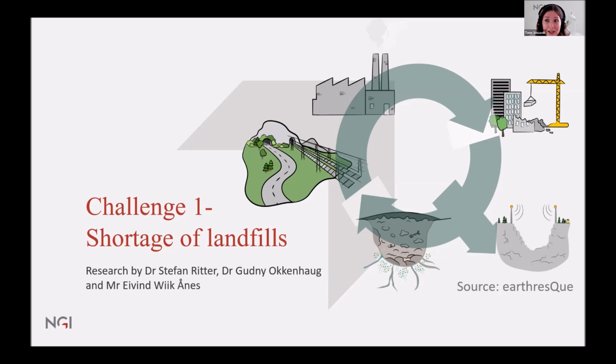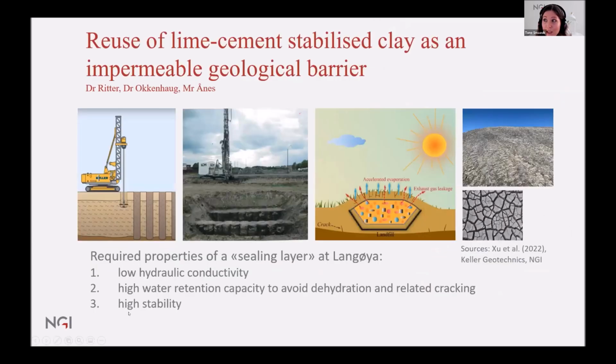So we're looking at finding a better use for all these different types of soils and how we can create a better circular economy and reuse of different materials. One of the materials we're looking at the moment, which carries on quite nicely from Sara's presentation, is how we can reuse lime cement stabilized clays. In Norway, we have a lot of soft soils: soft clays and also quick clay.